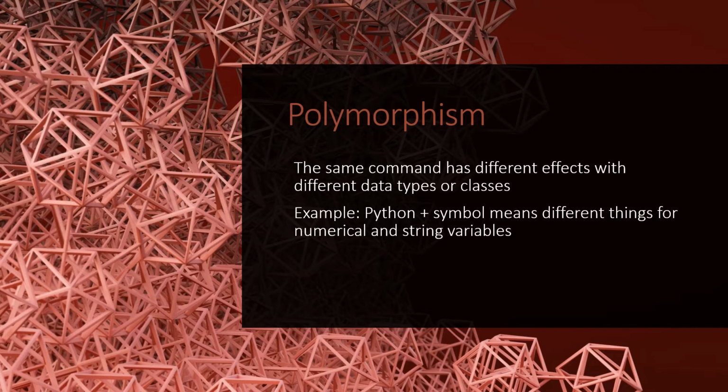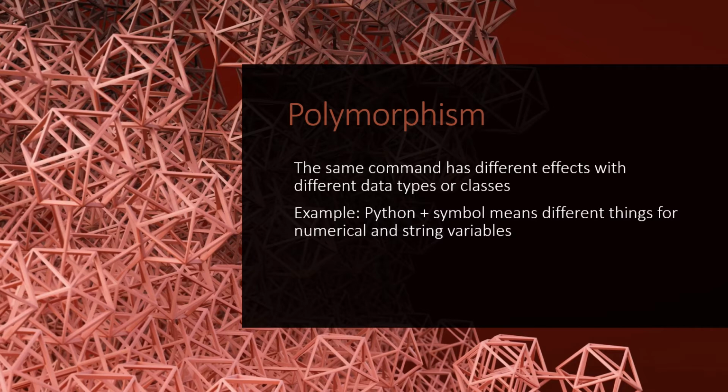Polymorphism has a very simple definition. It means that the same command, the same method with the same name, has different effects when it's working with different data types or classes. A good example is the plus sign in Python. It means different things if you're working with a numerical or a string variable.